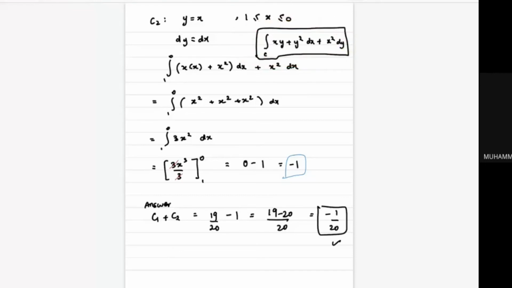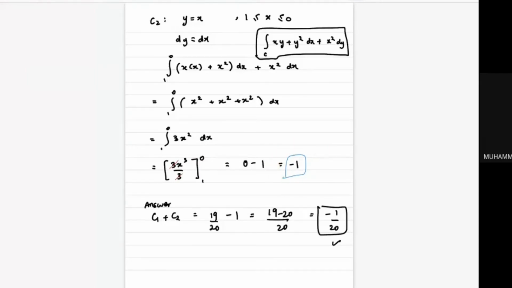Substitute your x equal to y. dy equal to dx. Simplify this. You'll get 3x squared. Then integrate 3x squared, you get 3x to the power of 3 over 3. Substitute the limit, then you will get negative 1.